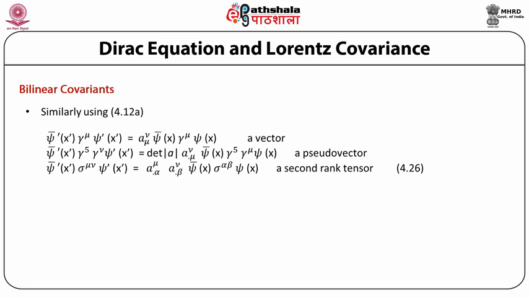This is called a pseudo vector. And psi bar prime sigma mu nu psi prime is equal to A mu alpha A nu beta into psi bar sigma alpha beta psi x. This is a second rank anti-symmetric tensor.